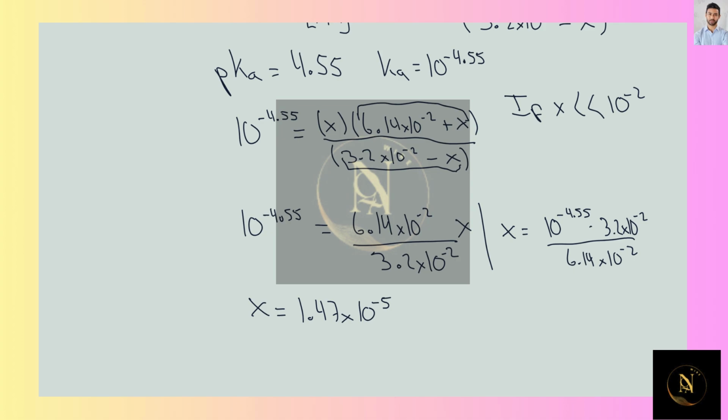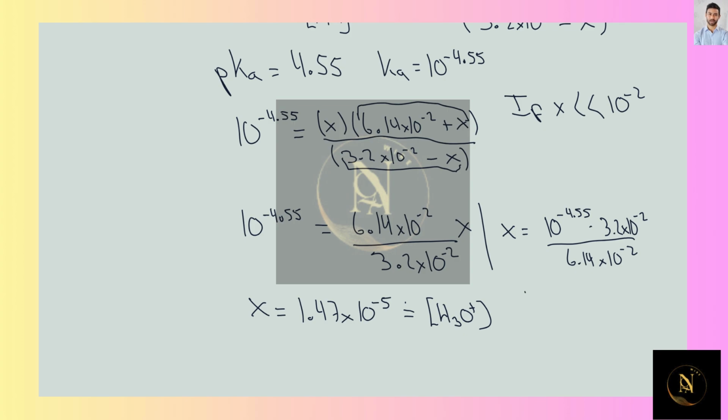So it seems that our approximation is a good approximation, and let's recall that this is equal to the concentration of H3O plus that we had. Now, if you want to solve the quadratic expression, the result that you find is exactly the same.